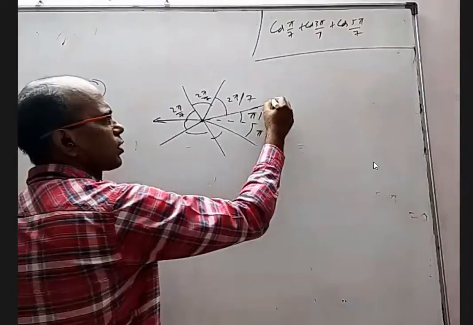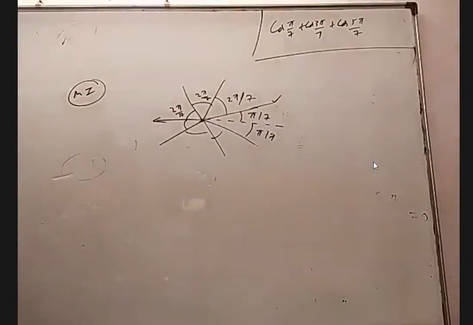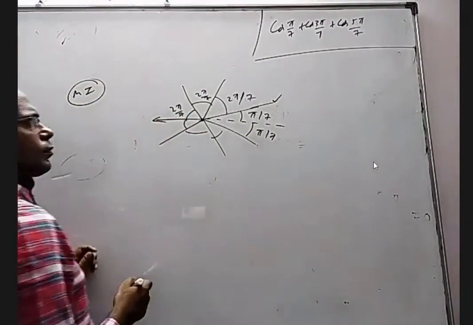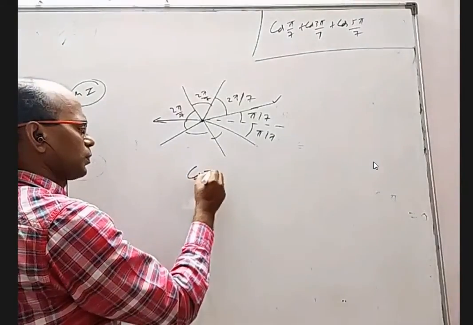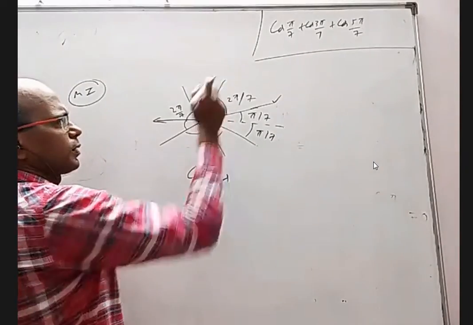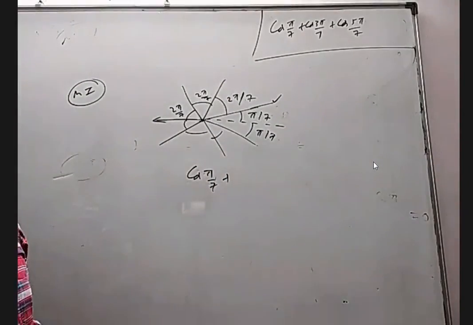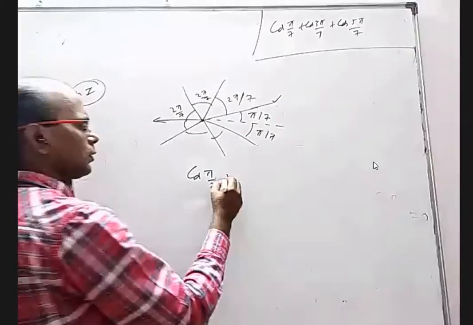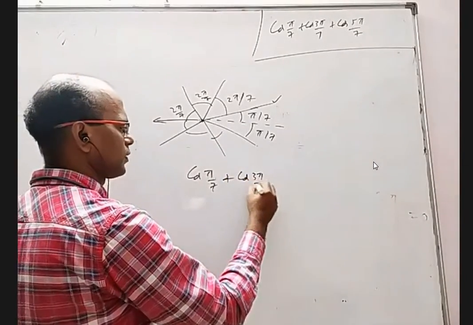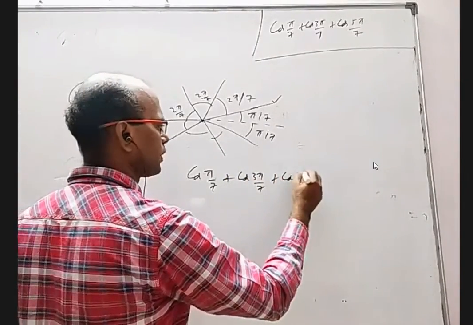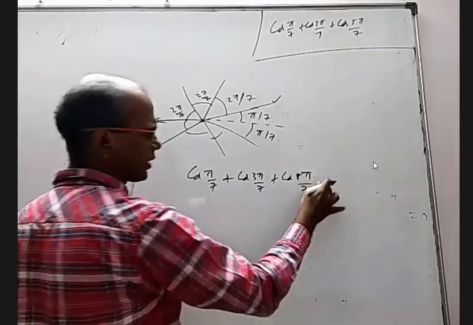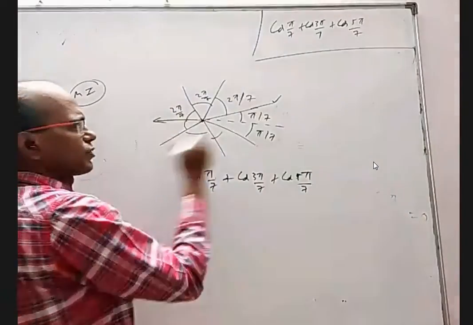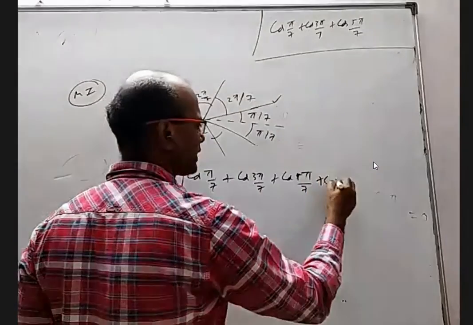Now tell me what is the horizontal component of this? Cos pi by 7. And what is the horizontal component of this? Cos 3 pi by 7. And cos 5 pi by 7. I have to write 7 pi by 7, but it is already this force which is in this direction, so I have to write minus 1.